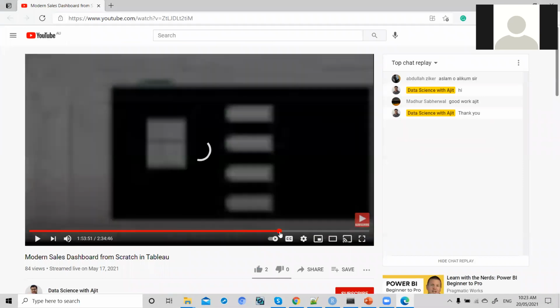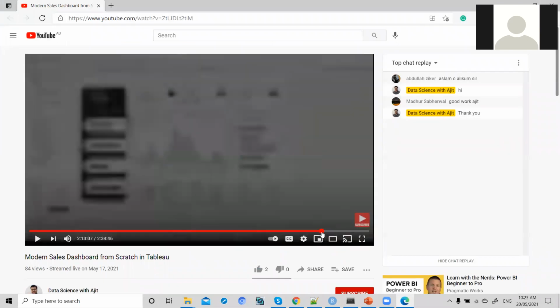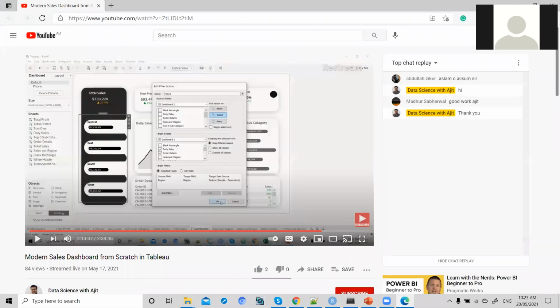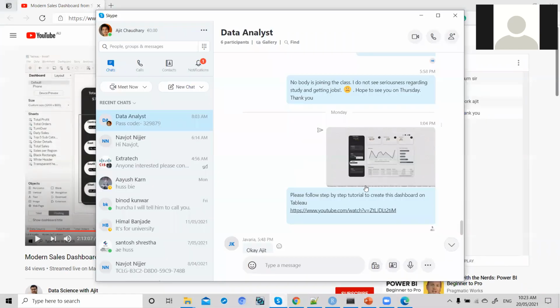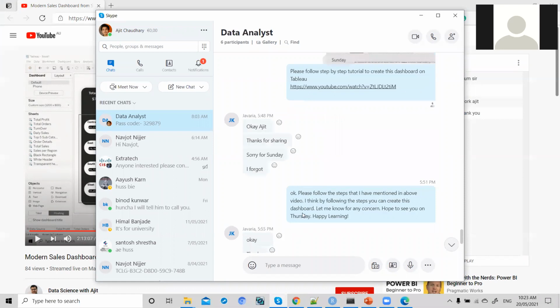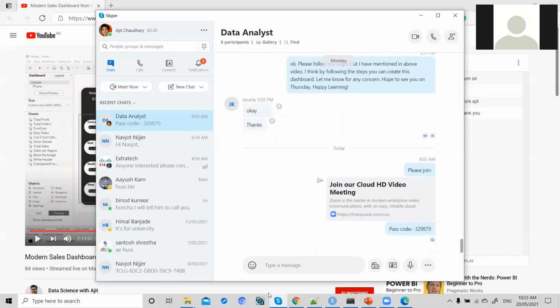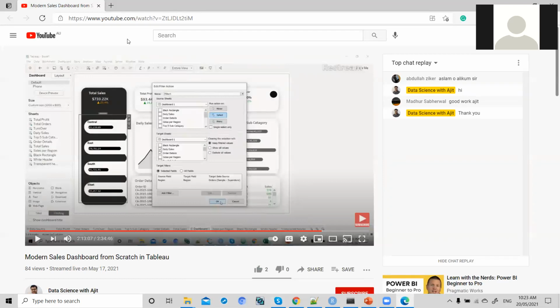If you follow this, then you can create this dashboard. So try to complete this dashboard, because you will learn a lot once you implement this by yourself. Okay, sir.